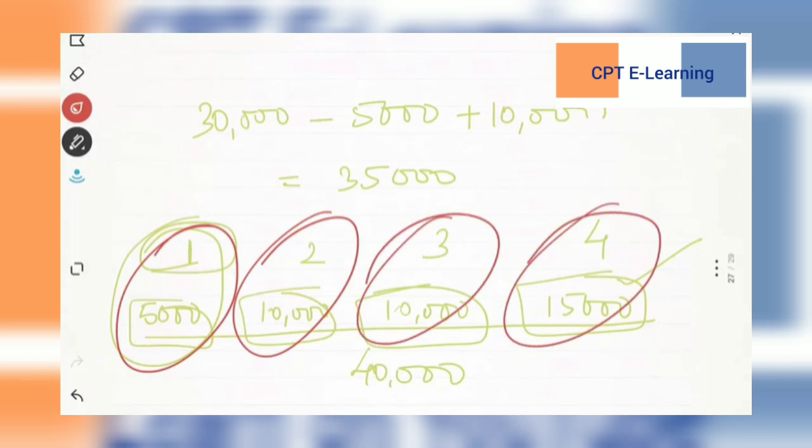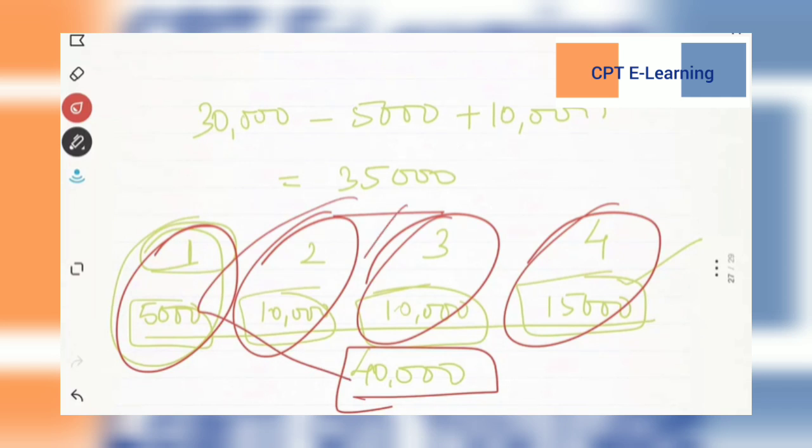So what is the total units? 40,000 units, and the depreciation will be the same, 35,000 into 5 by 40 for first year, into 10 by 40 for second year, into 10 by 40 for third year, and into 15 by 40 for the fourth year. So you got my point? So production unit method and machine hour method is not different, it is the same. The only variation is in one we are going by hours and in the other one we are going by units.